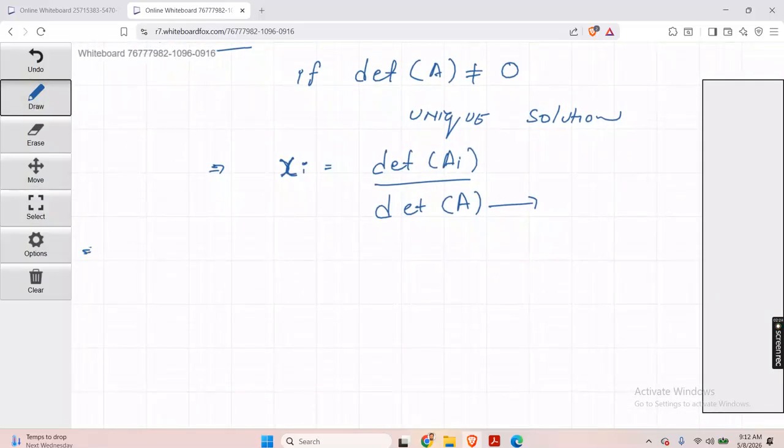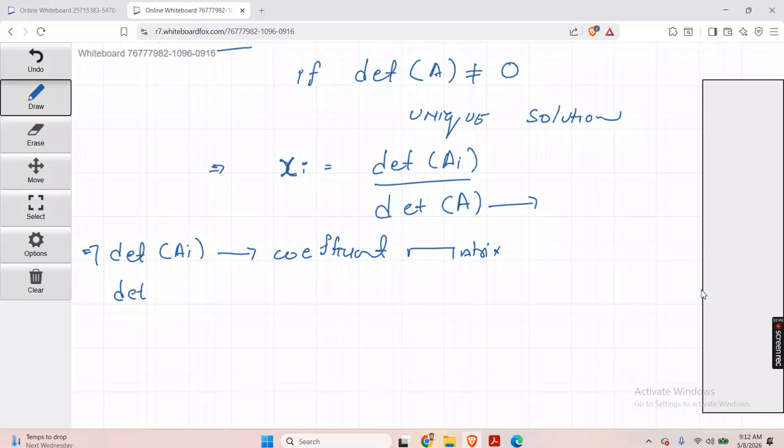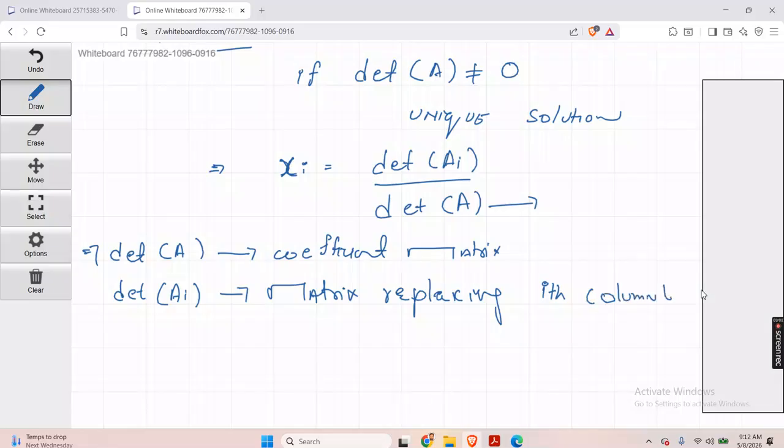So here it's saying that determinant of A is the coefficient matrix, and determinant of Ai is the matrix replacing the ith column by B. So what this all means, look at here now.